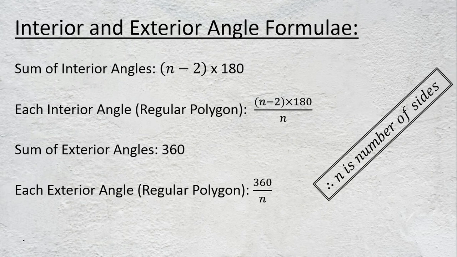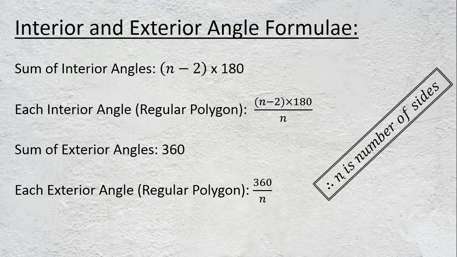If we have a hexagon, it means we have 6 sides, and similarly so on. So n represents the number of sides of the polygon. For example, if in the question it is given to find the sum of the interior angles of a hexagon, we know that a hexagon has 6 sides, so the value of n will be 6.